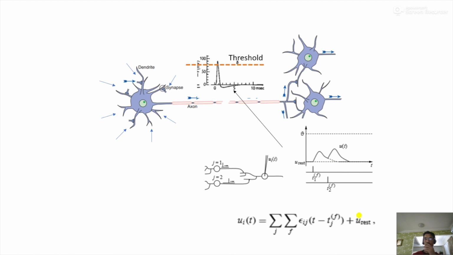So this is the threshold. We need this to be bigger, plus the resting level, so it becomes more than the threshold, then it can be counted as fired. So when it is higher than the threshold, we can call it fired. So it goes to another neuron.